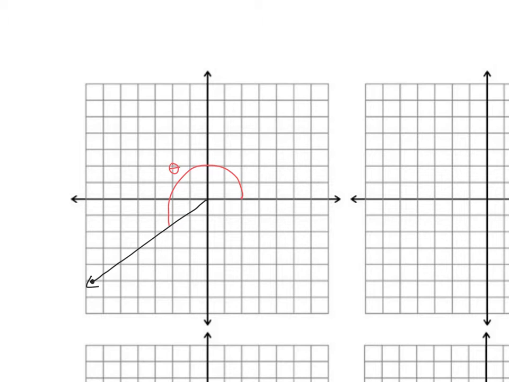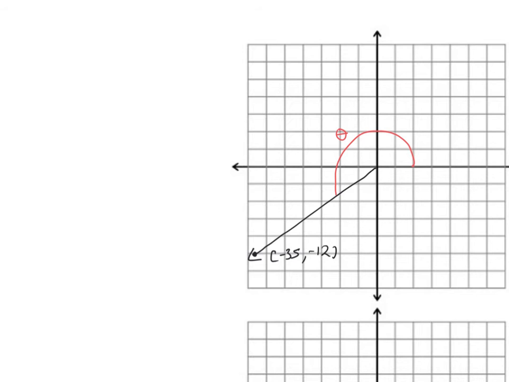The coordinate they give us is negative 35, negative 12, and they want us to find the sine, cosine, all of the fun stuff using this.